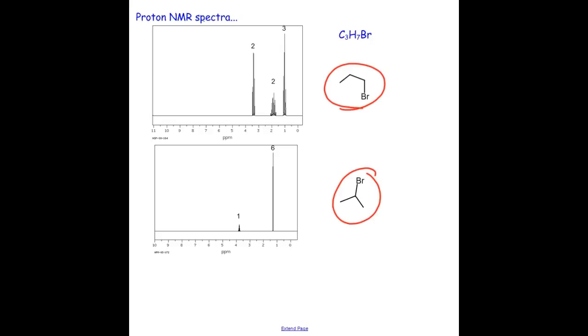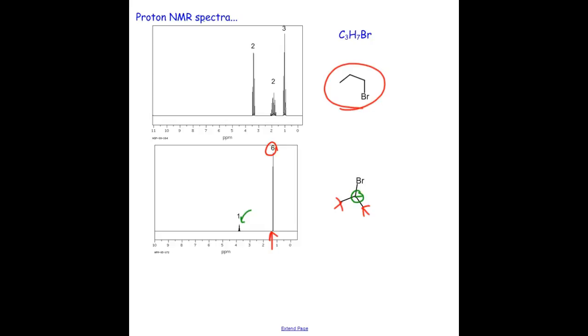I can assign these hydrogens, 1, 2, 3, 4, 5, 6, to this peak right here, and this hydrogen to this peak, because it has to have a hydrogen.